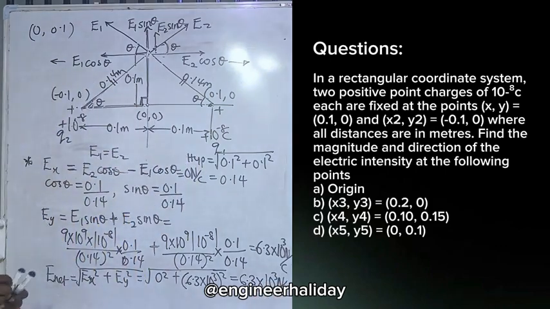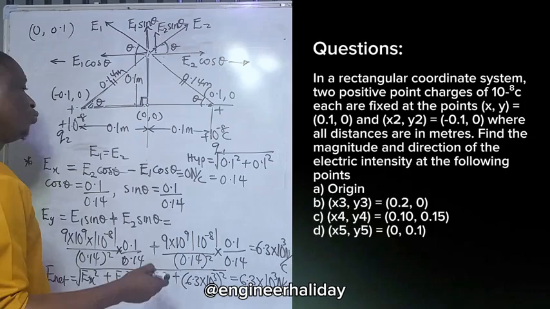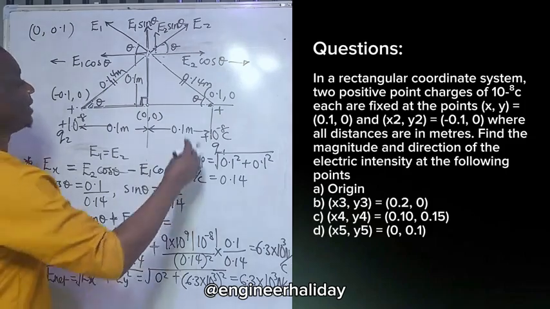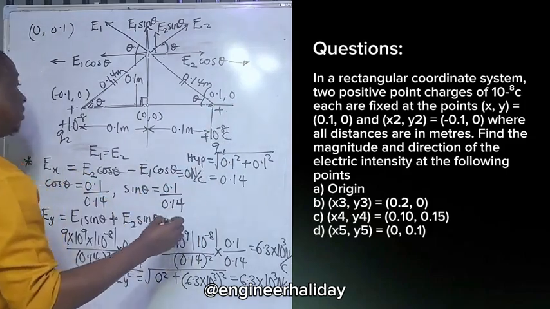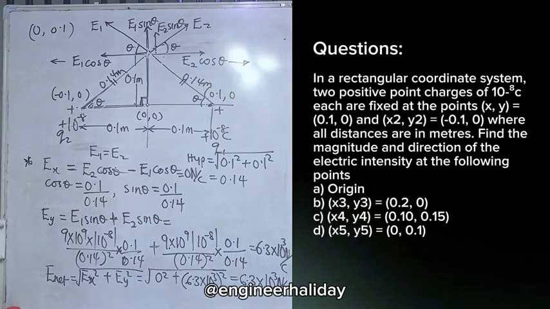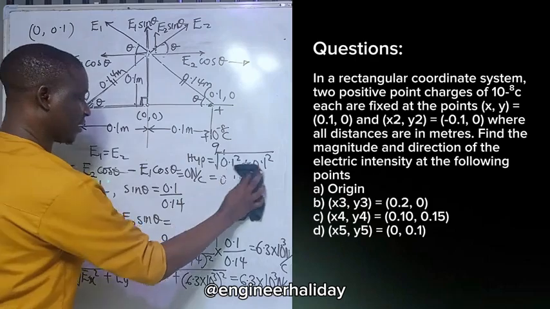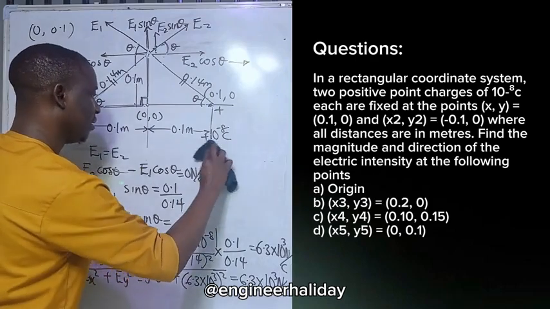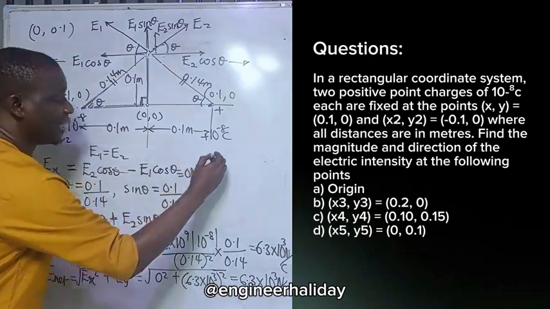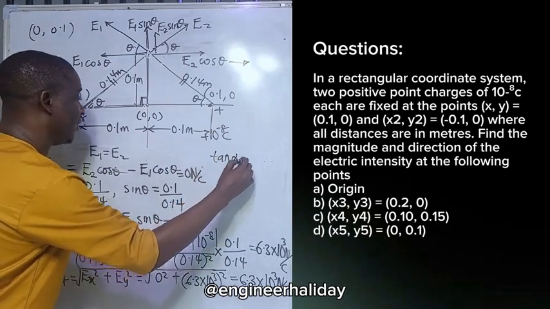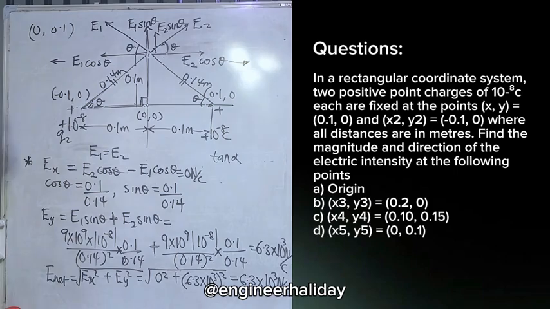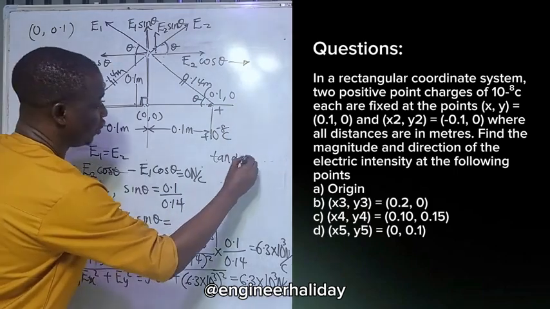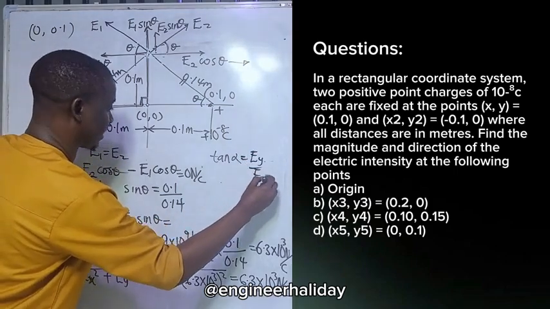Exactly. Now, what about the direction? If you want to find direction now, you use what? Let me clean this side so that I can solve my direction here. Tan alpha, direction, equal to EY over EX.